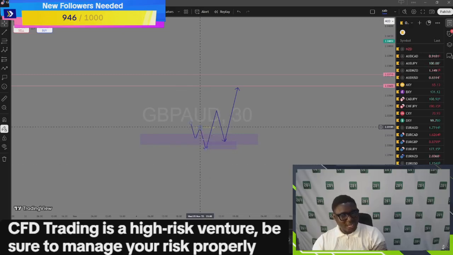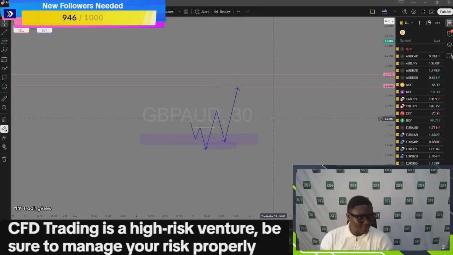Once we have cleared that, all we need to do is wait for the retest, and that will be your entry. At 1:3 or 1:5, you can get out. Alternatively, you can just target the nearest area of liquidity. But generally, 1:2.5 or 1:3, you should be good.